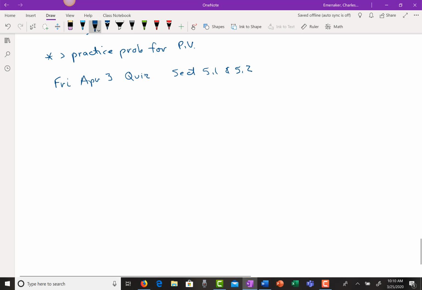Remember, 5.1 talks about consumer and producer surplus. We talked about how to derive those equations, how to compute producer and consumer surplus. We looked at price ceilings and price floors. In section 5.2, we've looked at both future and present value.